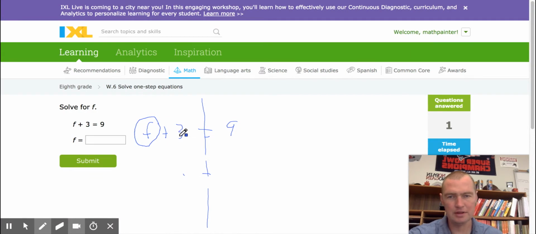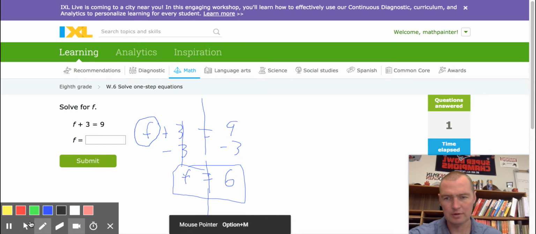So the opposite of adding 3 is to subtract 3 from both sides. So minus 3, minus 3. So 3 minus 3 cancels out to 0. 9 minus 3 is 6, but f comes down. So f equals 6. So I'm going to go ahead and plug that in. F equals 6.